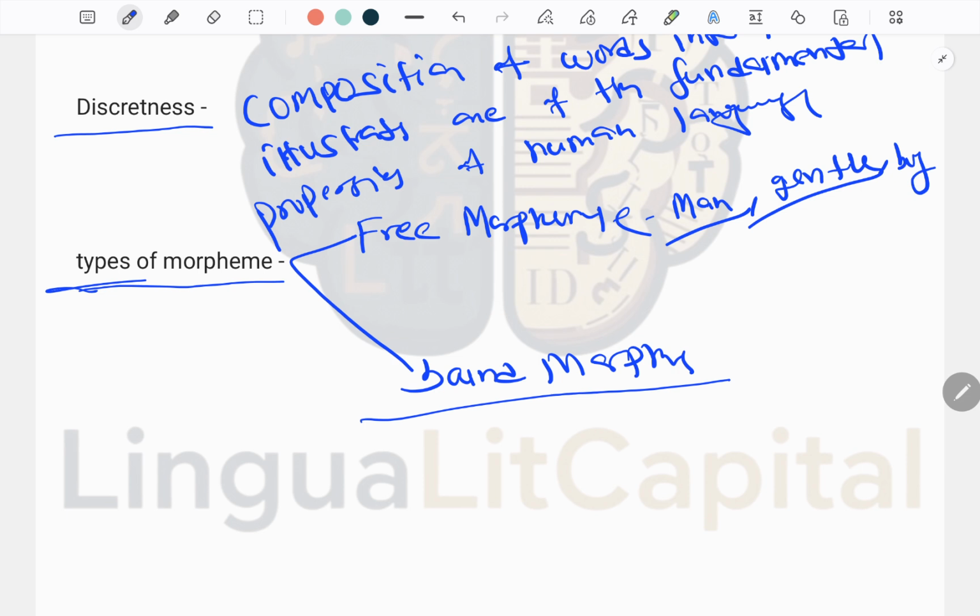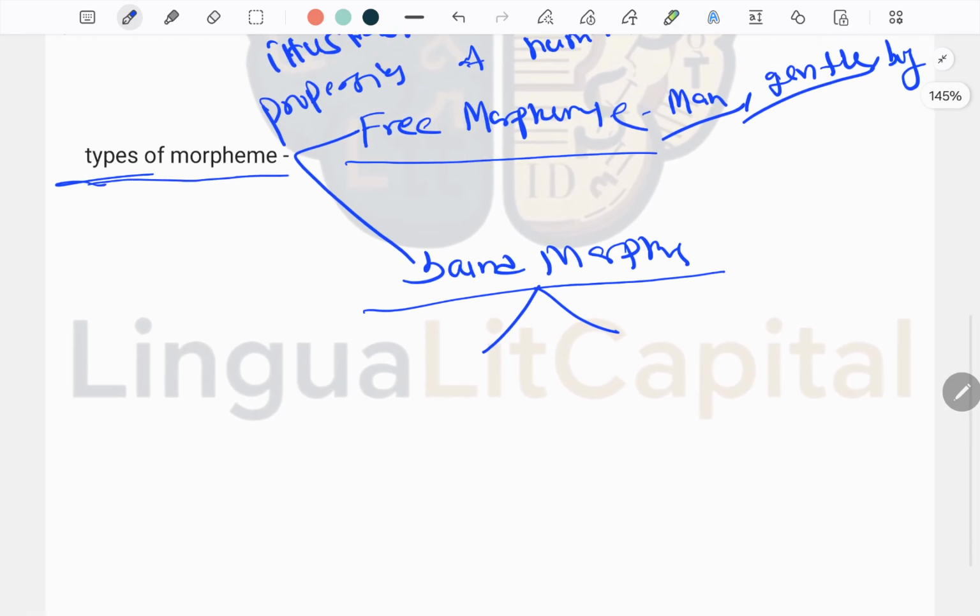So free morphemes are those that constitute the words by themselves. But when we talk about the bound morpheme, bound morphemes are divided into two parts. Or bound morphemes are divided into one part, that is affixes.